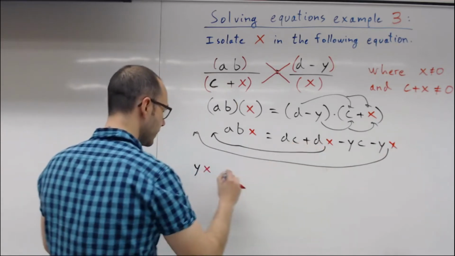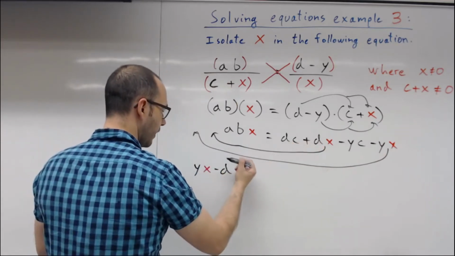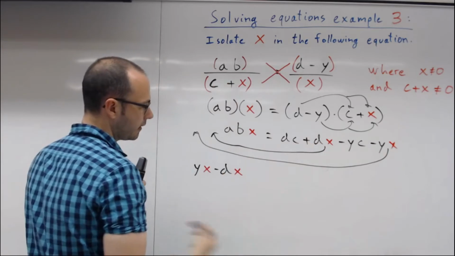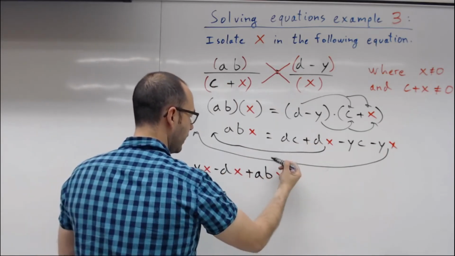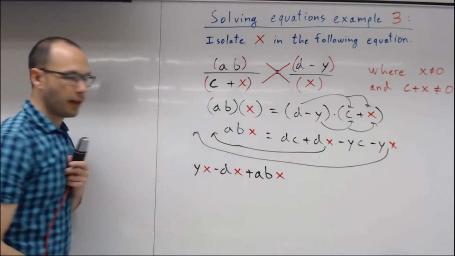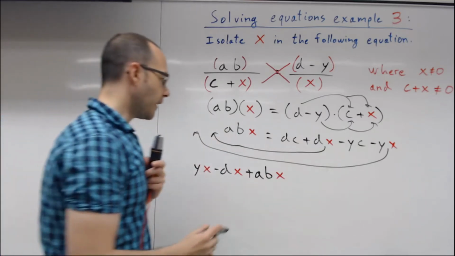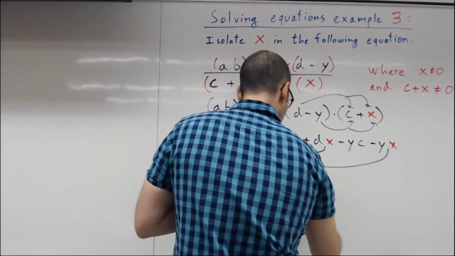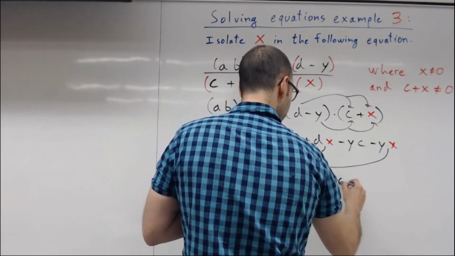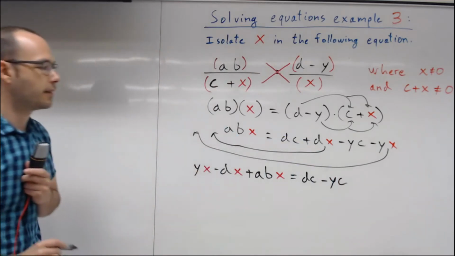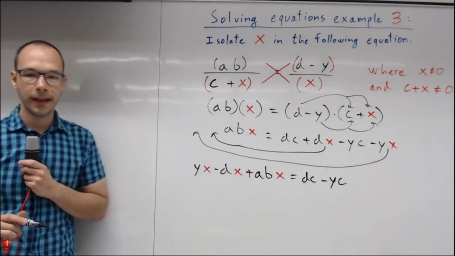That dx is going to be negative dx, plus that abx, which was already on the left side, so I do not change its sign. And on the right side, it's going to be dc minus yc.